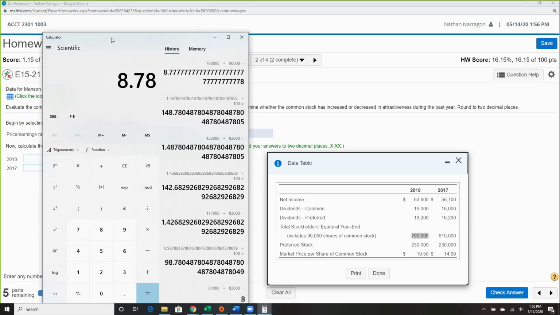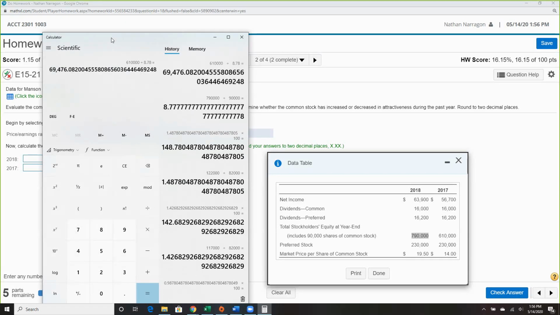Okay, so that says the price per share is about 8.78, which doesn't really help us very much. So look at 610,000 divided by 8.78, about close to 69,500 shares. We want to find a weighted average.